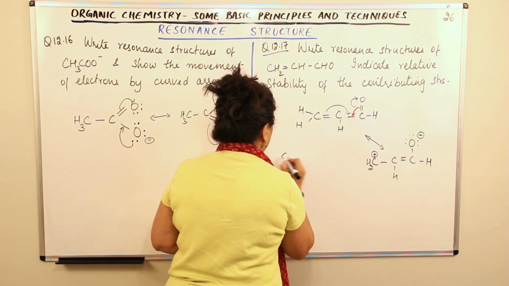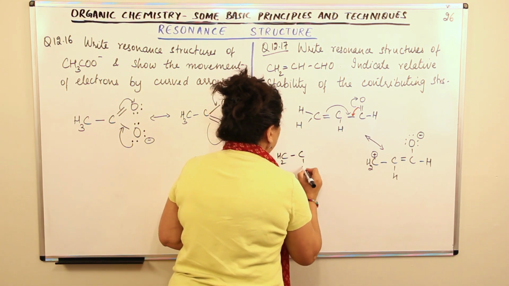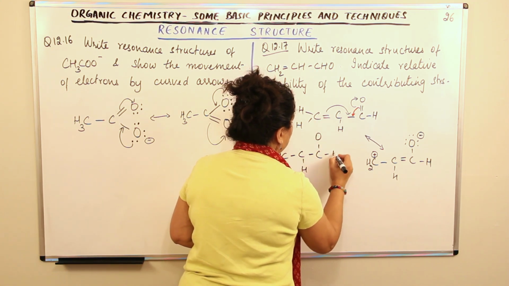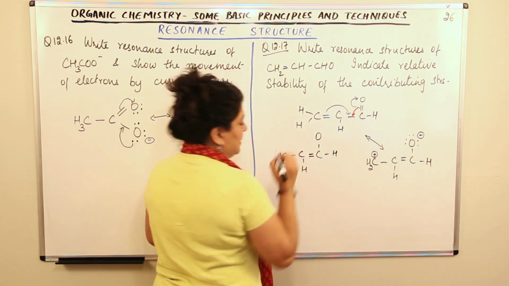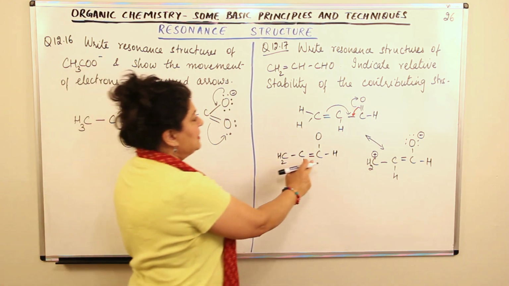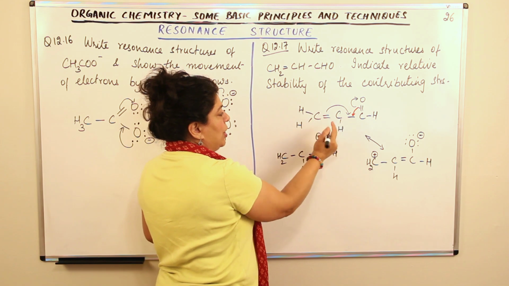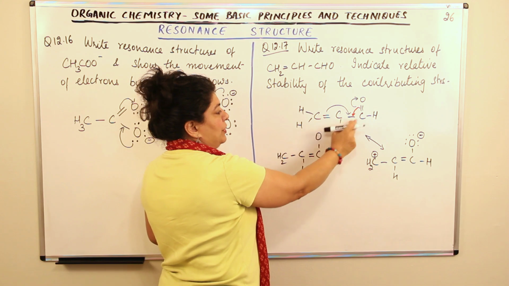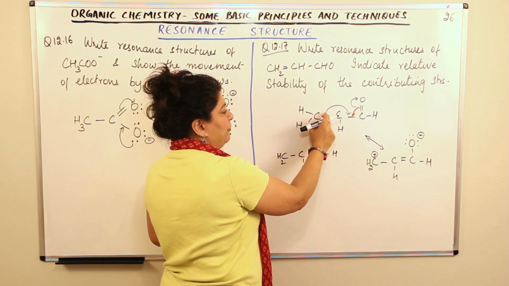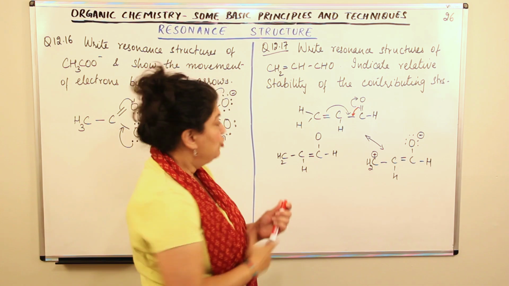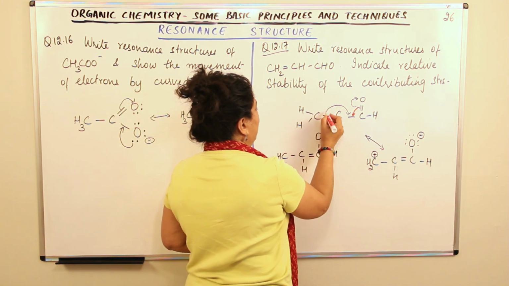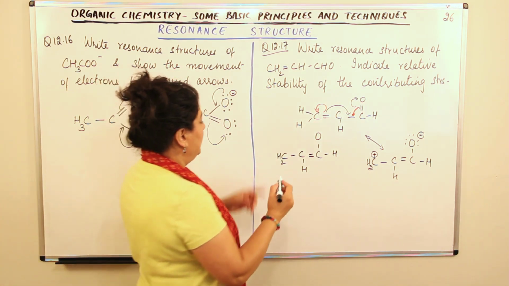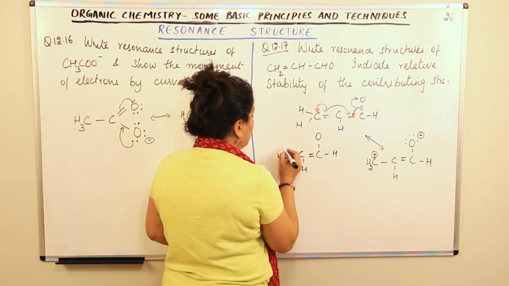If the second bond is shifting here, what will we get? We'll have the CH2, CH, CO, and this bond has moved here, so we get a double bond here, right? Since we get a double bond here, what happens to these electrons? Carbon cannot form 5 bonds. It had 1, 2, 3, 4. So the moment a second bond is formed here, one of these bonds will now move to the next carbon. So these 2 electrons will move towards carbon. And the moment it moves towards carbon, the carbon becomes negatively charged.